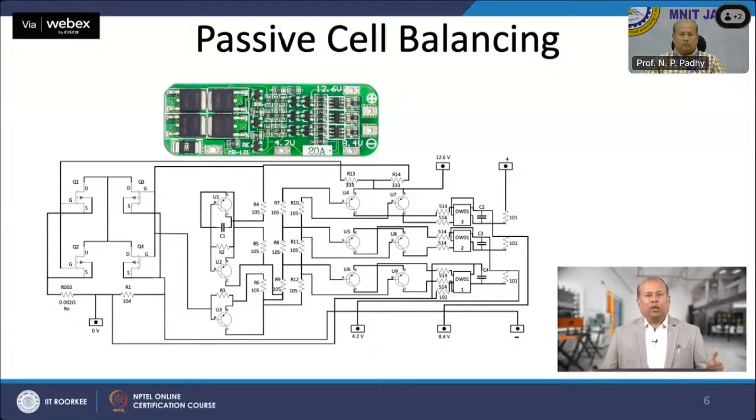Once the battery reaches its limit, the switching MOSFET activates and the current takes the resistive path until all the cells come to the same voltage. Once the peak charge voltage of 4.2 volt is reached, the protection IC activates and stops the charging operation of the battery module.